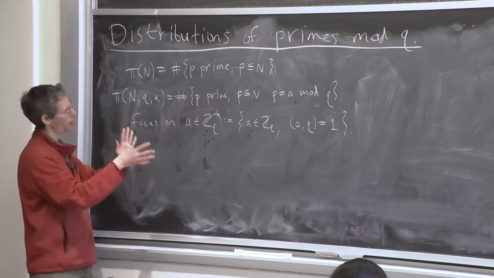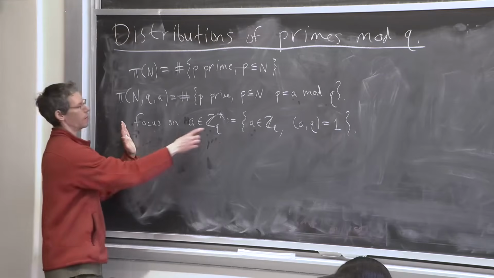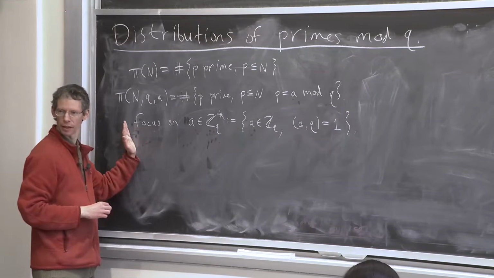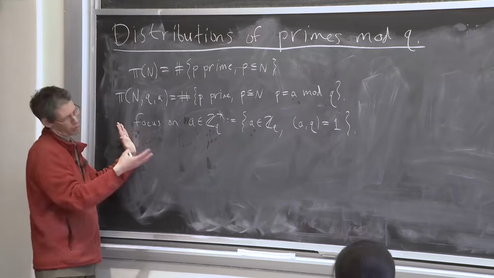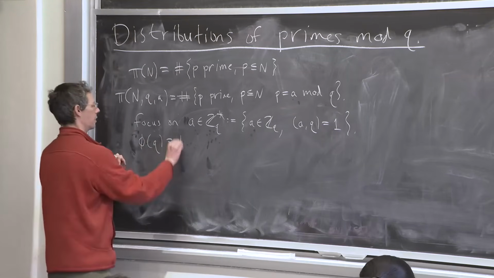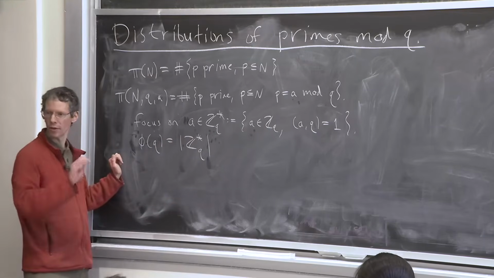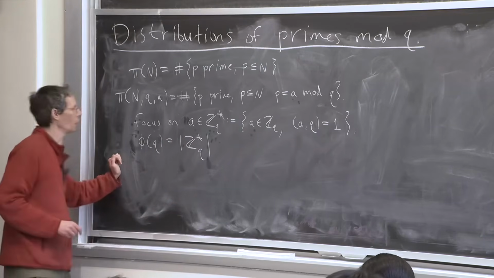So numerically and theoretically, it looks like the primes are pretty evenly distributed among all of these residue classes. And it is relevant to say how many there are. That's called phi of q. It's the cardinality of Z_q star, the number of different a that are relatively prime to q.